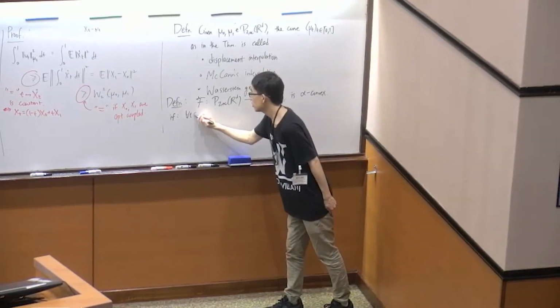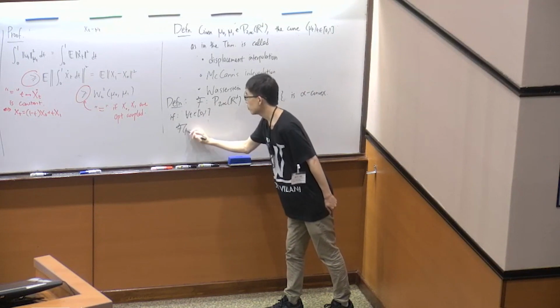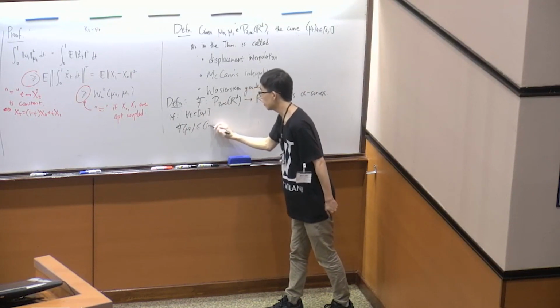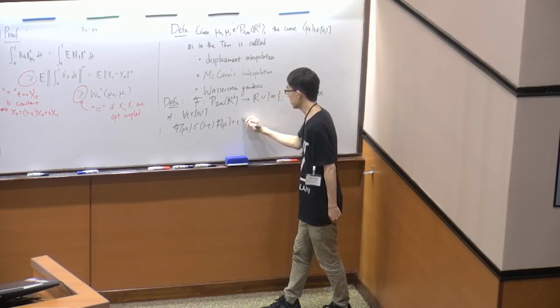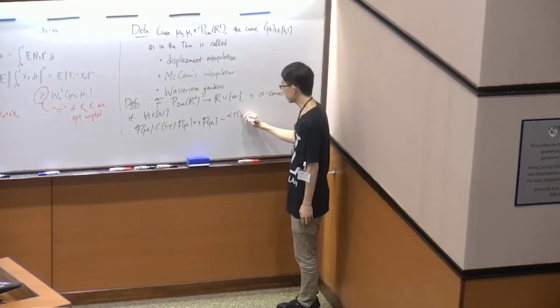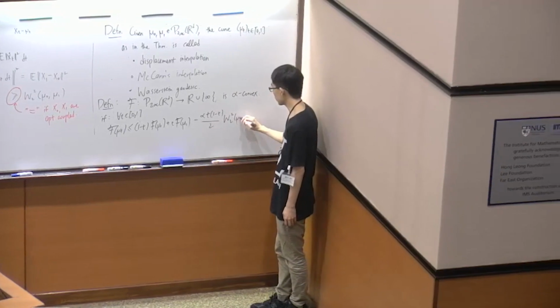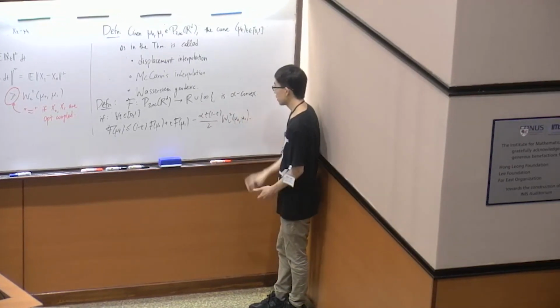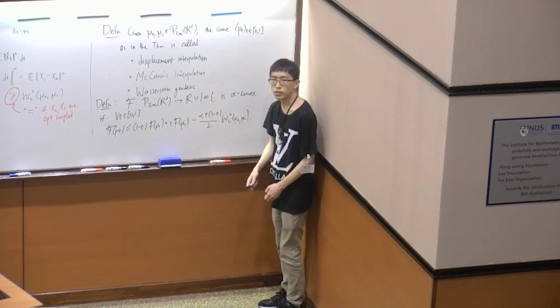For all t between 0 and 1, I want f at mu t to be bounded by 1 minus t times f of mu0 plus t times f at mu1 minus alpha t(1 minus t)/2 times the Wasserstein distance between mu0 and mu1. And mu t here is the geodesic joining mu0 and mu1.